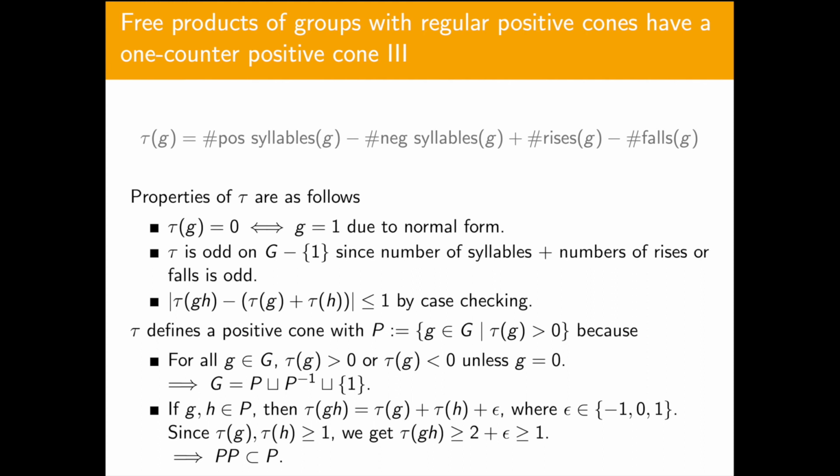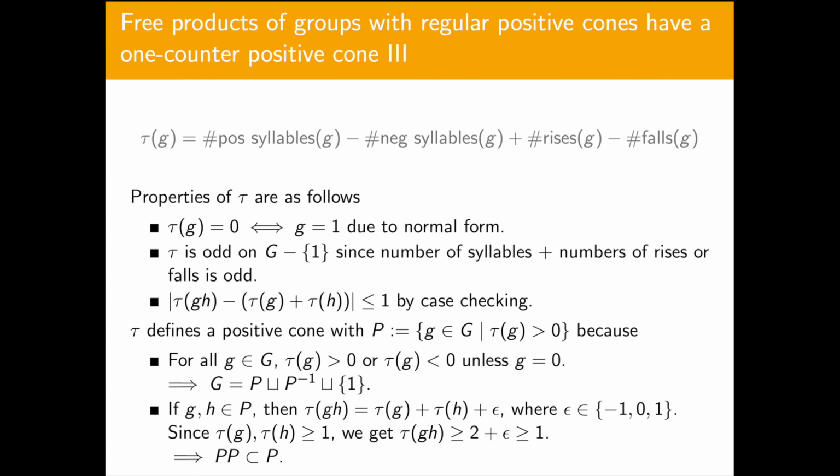If you think of the syllables as vertices and the rises as edges in between the syllables, then the total number of vertices plus edges is odd. And finally, the absolute value of tau of gh minus tau of g plus tau of h is smaller or equal to 1, and you can check that by just doing a case check.